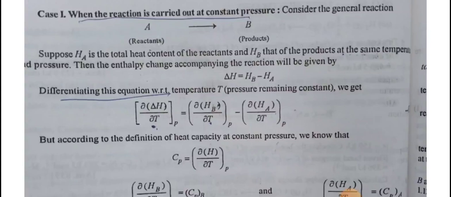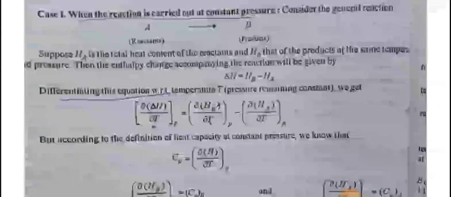del H divided by del T at constant pressure is equal to del HB divided by del T at constant pressure minus del HA divided by del T at constant pressure. But according to the definition of heat capacity at constant pressure, we know that Cp is equal to del H divided by del T at constant pressure.